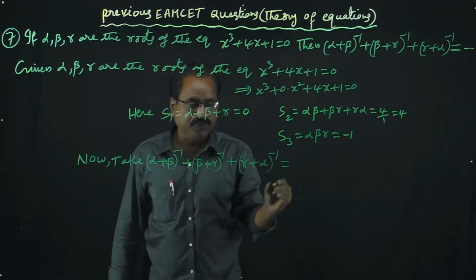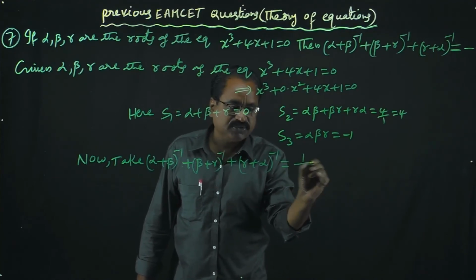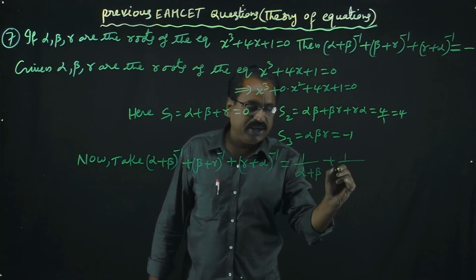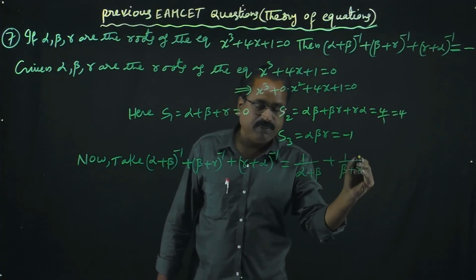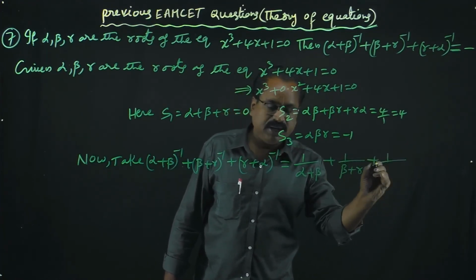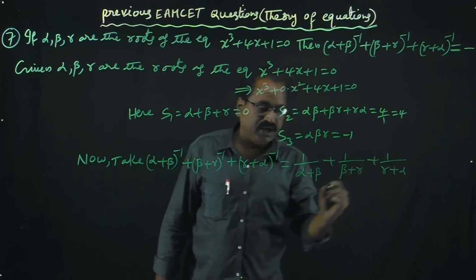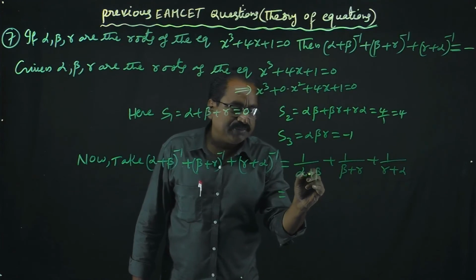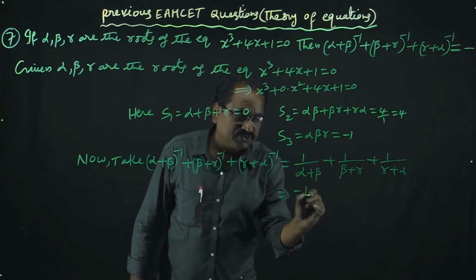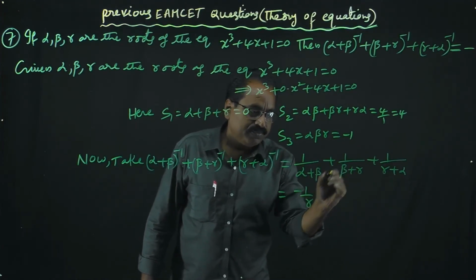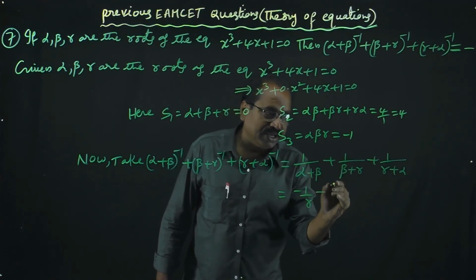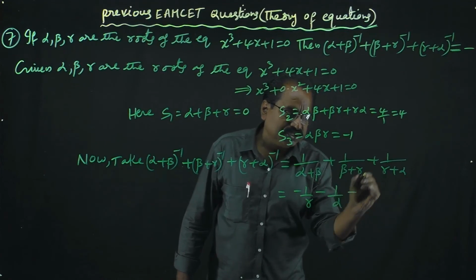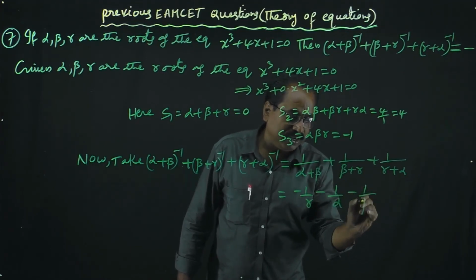This is written as 1 by (alpha plus beta) plus 1 by (beta plus gamma) plus 1 by (gamma plus alpha). Since alpha plus beta plus gamma is equal to 0, this can be written as minus 1 by gamma, minus 1 by alpha, minus 1 by beta.